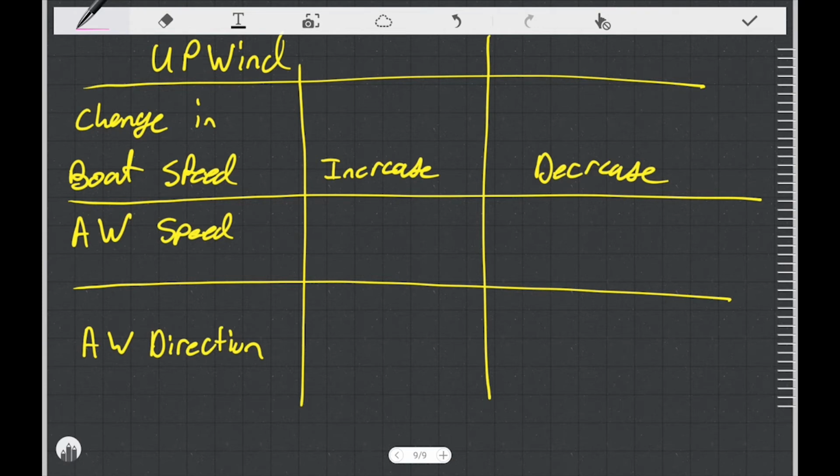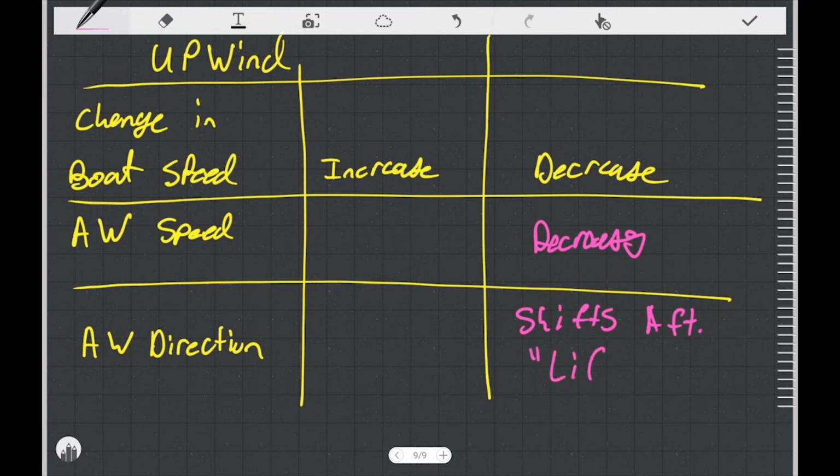Well, if the boat speed decreases, then the apparent wind speed also decreases when we go upwind. Now, what else did we see? When we're going upwind, the apparent wind direction shifts aft, which is essentially a lift.